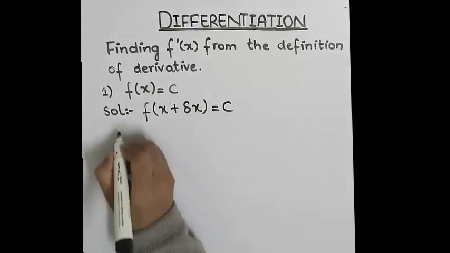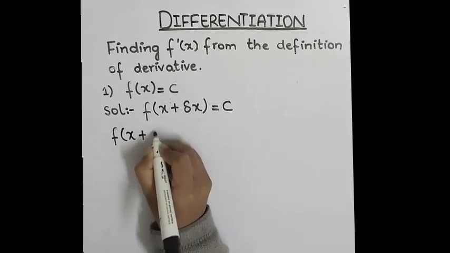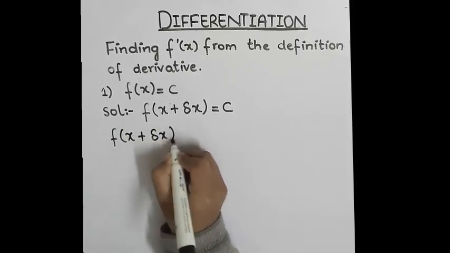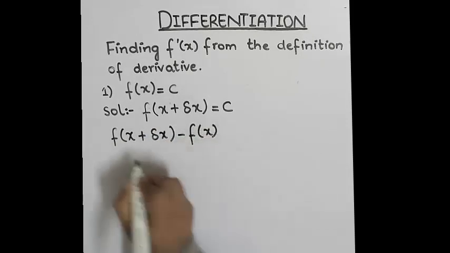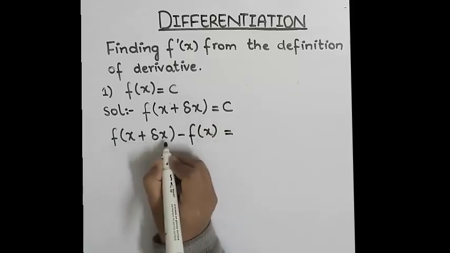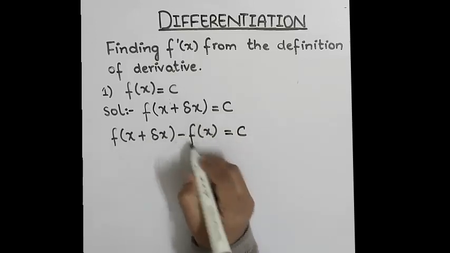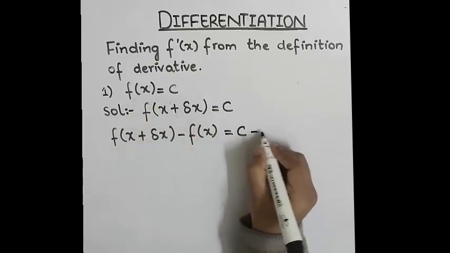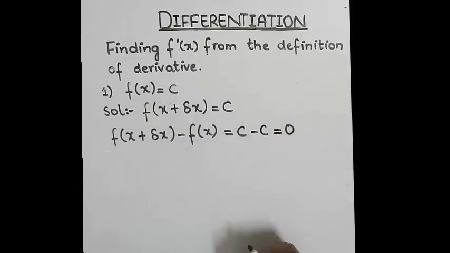Step 2 says find f(x + Δx) − f(x) and simplify this term. So f(x + Δx) is equal to c, and f(x) is also equal to c. So putting the values we get 0.